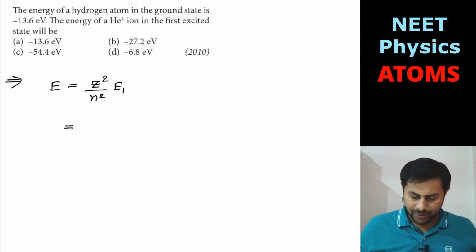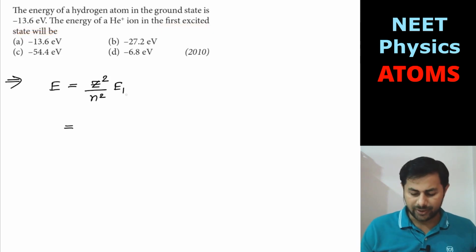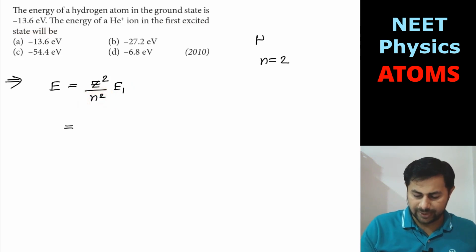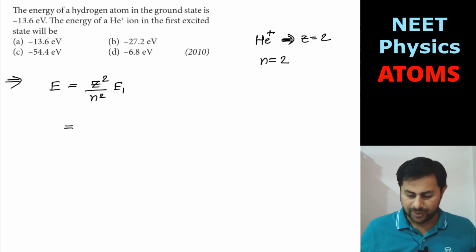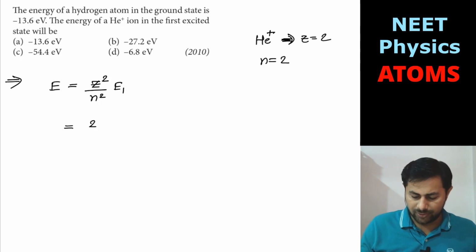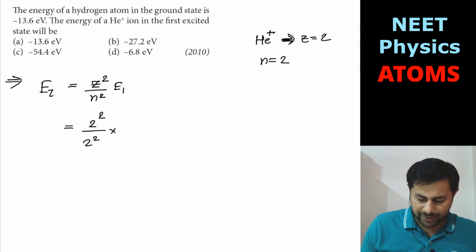So you want it for the first excited state. That means n is equal to 2, and this is He plus, so Z equals 2. So it is 2 square by 2 square times E1. Let's put the suffix Zn here.